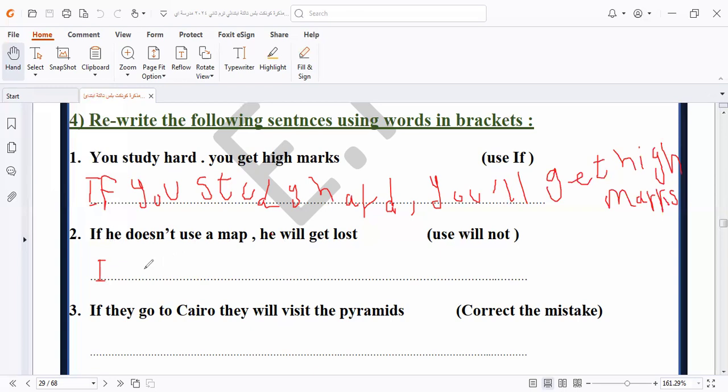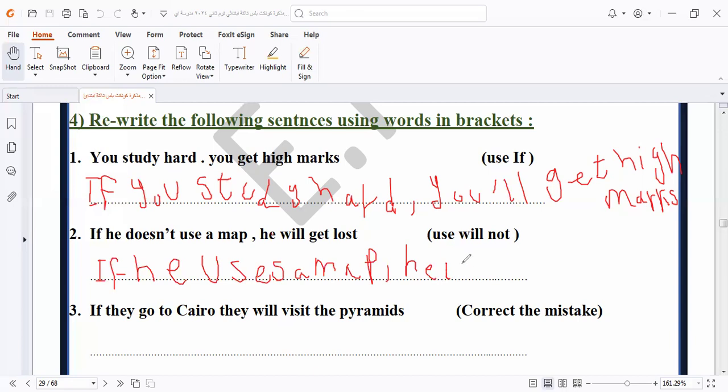So the answer will be: if he uses a map, he will not get lost. If he uses a map, he will not get lost.